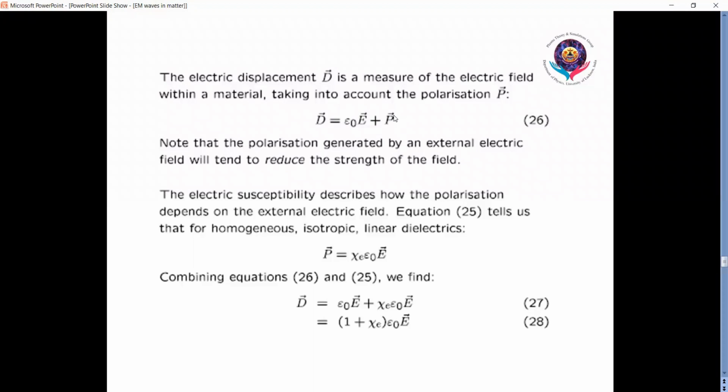And remember, this will again contribute to the displacement current in Maxwell's equation through del D by del t. This polarization we already have seen on the last page. When we substitute the value of this polarization in equation 26, we get this. We combine the terms.